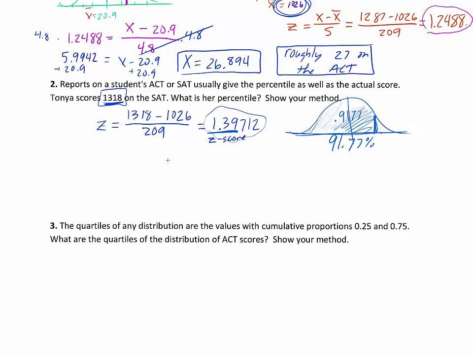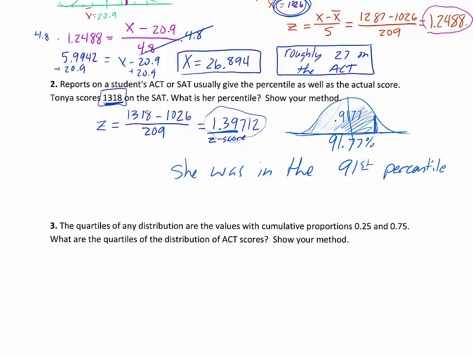So she was in the 91st percentile. So if they would have given her score, they would have said, hey, a score of 1,318 on our SAT puts you in the 91st percentile. You beat 91% of people, and almost 92%. She would have scored a little bit better.